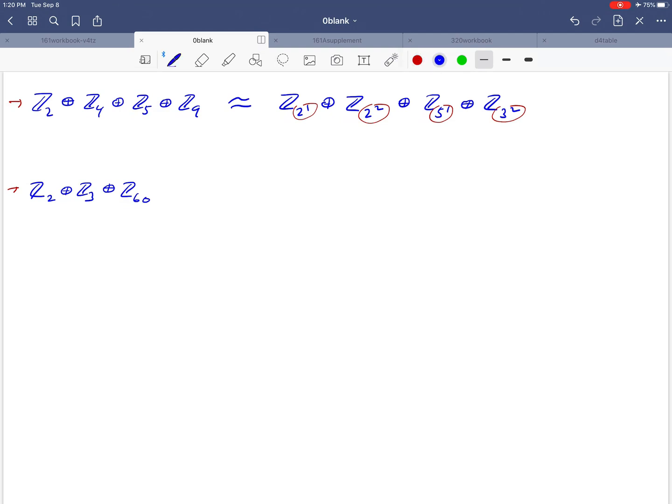Then we're going to move down to the second one and see if we can write it in the standard form. So we've got Z of 2 to the first, Z of 3 to the first, those are okay. 2 to the first and 3 to the first are prime powers, but 60, that's not in the form of a prime power, so we're going to have to do a little bit of work there.